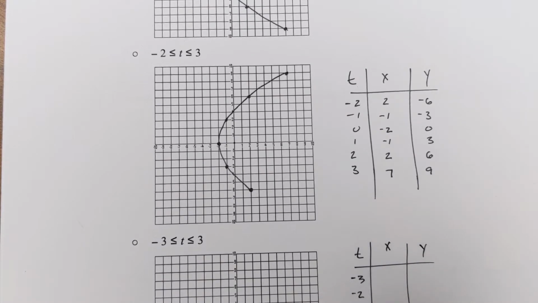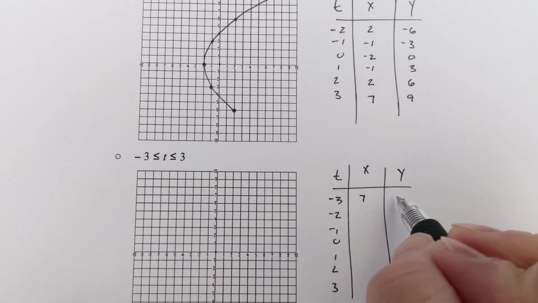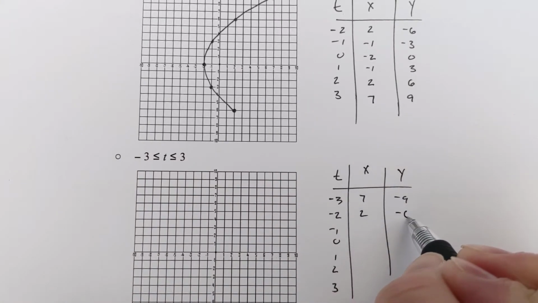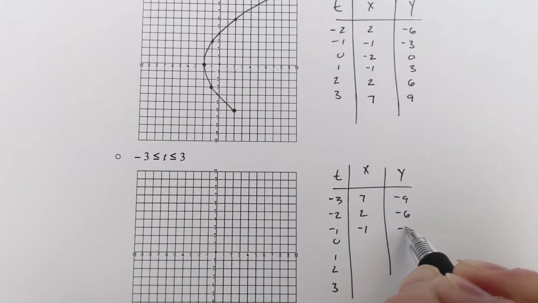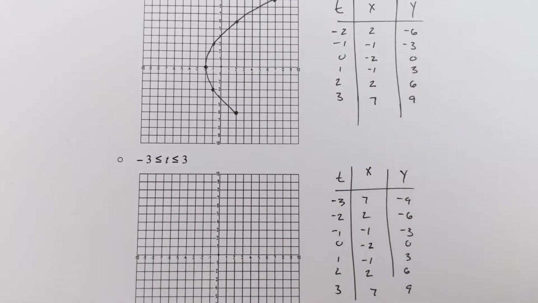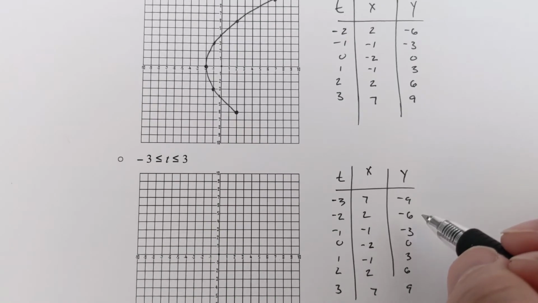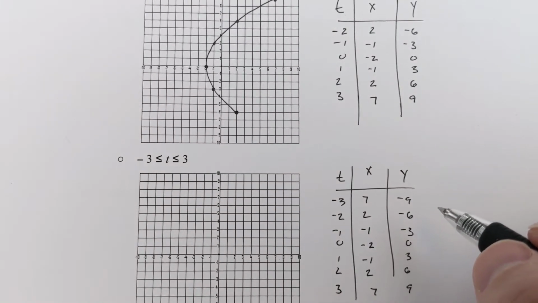So t is -3, -2, -1, 0, 1, 2, 3. So this was 7, -9, 2, -6, -1, -3, -2, 0, -1, 3, 2, 6, and 7, 9. So pretty much just copy the previous table. Sorry.